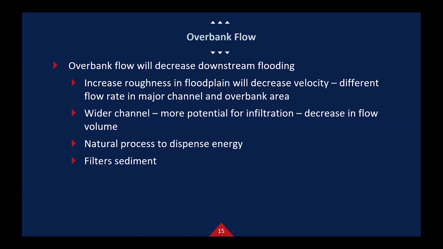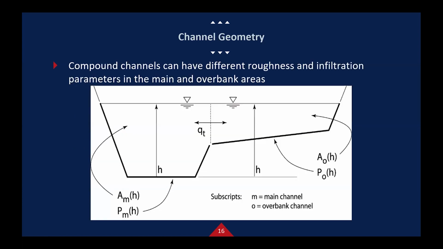This would address what would happen when you have overflow into a natural riparian area. It looks something like this. You have your compound channel, you have your primary channel that is deeper, and then you have your overflow bank area. It can be either flat or it can have a rising channel bed.